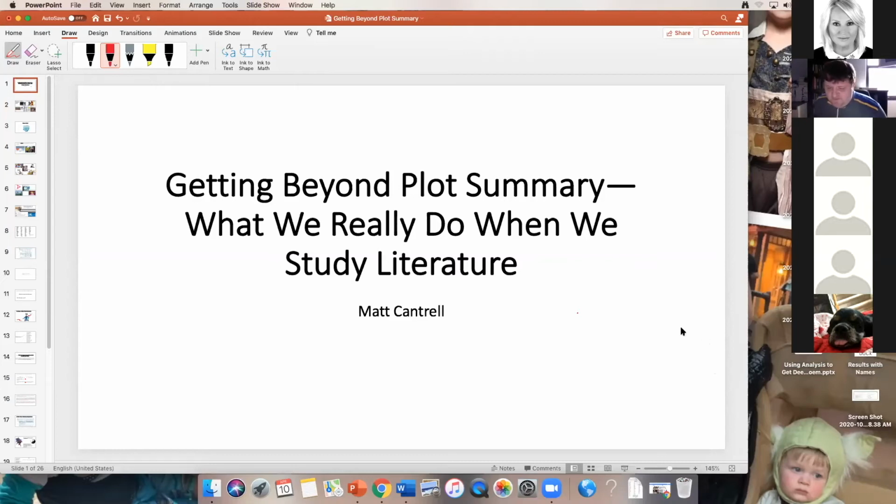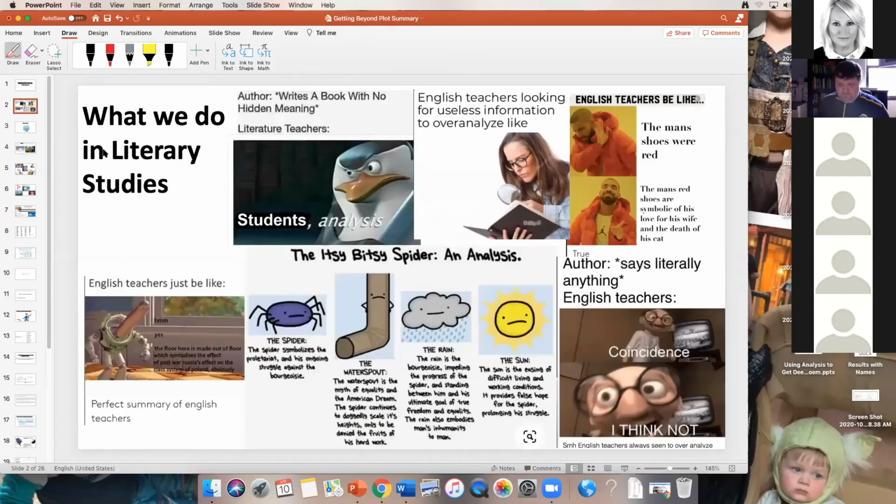Okay, Samantha Dotson: the curtains being blue represents the character's inner turmoil. Everything is a metaphor. Yeah. I've collected a series of memes about how people make fun of English teachers, that we overanalyze everything, that we look for meaning and symbolism where there isn't meaning and symbolism.